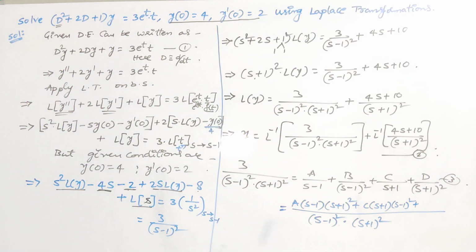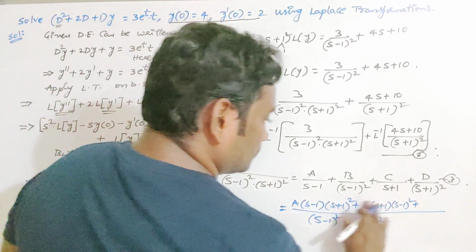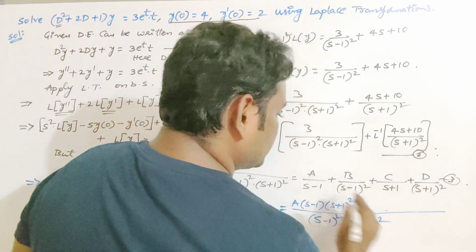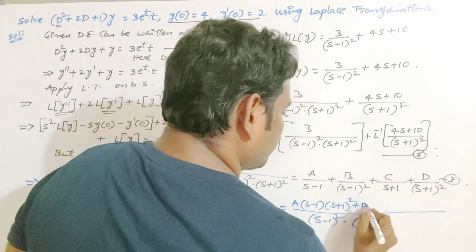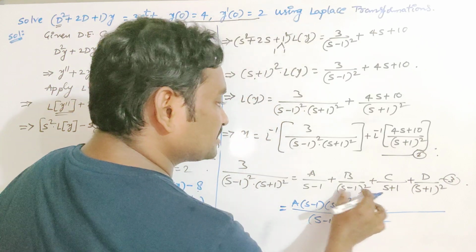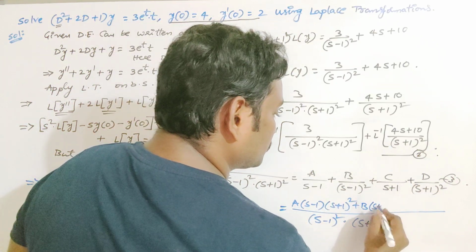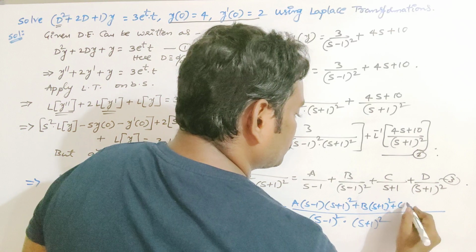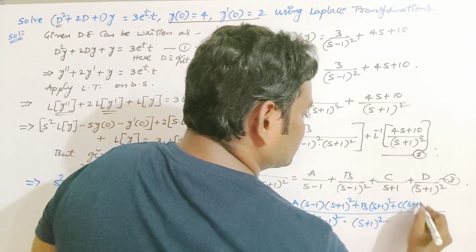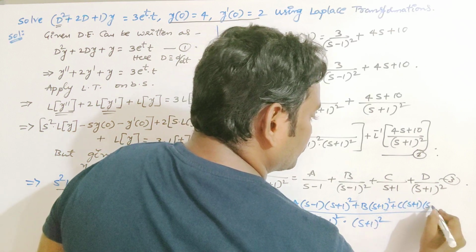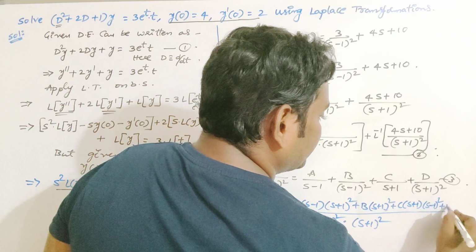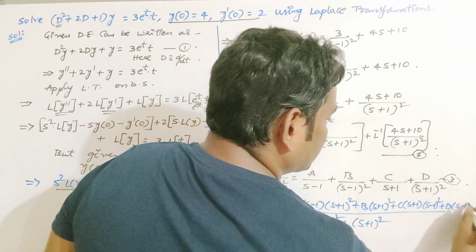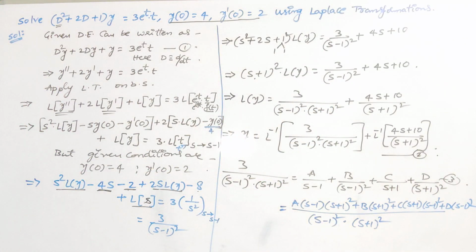Sorry, I forgot to write the b value. For b, already (s minus 1) is there, another term is (s plus 1) whole square, plus c into (s plus 1) and (s minus 1) whole square, and d into (s minus 1) whole square. So we have to equate the numerators now.